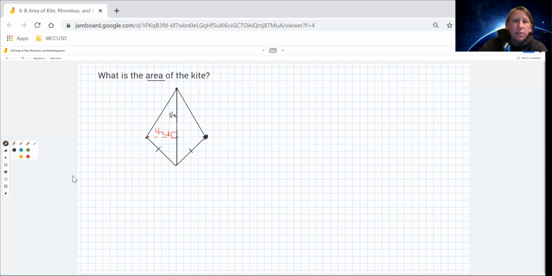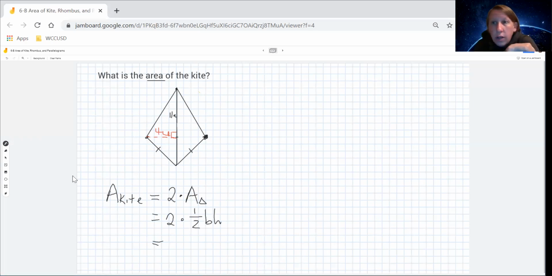So one way to do this problem is to say that the area of the kite equals 2 times the area of each triangle. Okay, and I just said that the area of the triangle is half the base times the height, and this is the base and the height of the triangle, not of the kite. And then you could go from there.